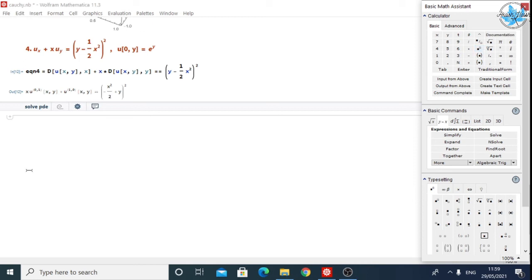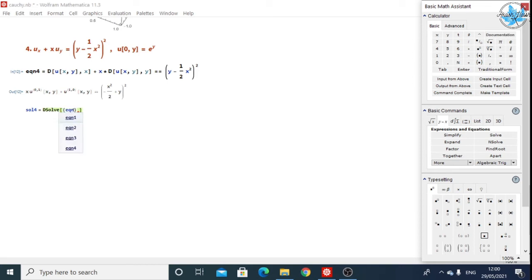So now we will solve this equation. Just simply write solve4 equals to dsolve within square bracket. Just write the equation 4 comma, my initial condition is given as u of 0 comma y, then double equals to e raised to the power y.